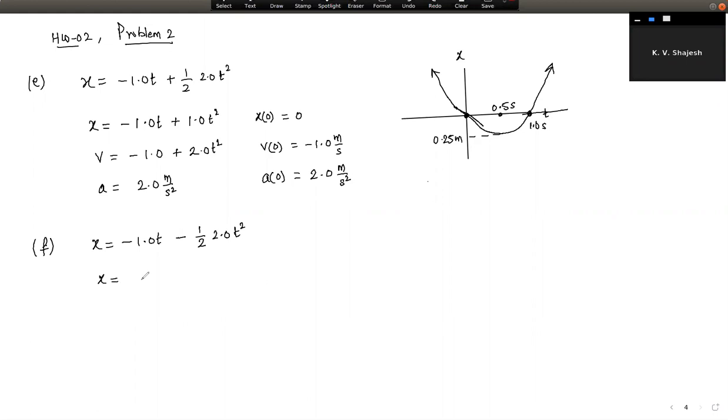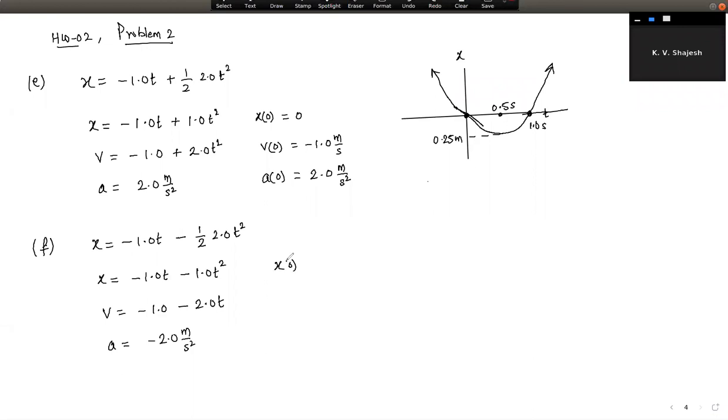So x is equal to minus 1.0 t minus 1.0 t squared. Velocity again is minus 1.0, but this time it is minus 2.0 t compared to earlier, and acceleration is minus 2.0 meters per second squared.